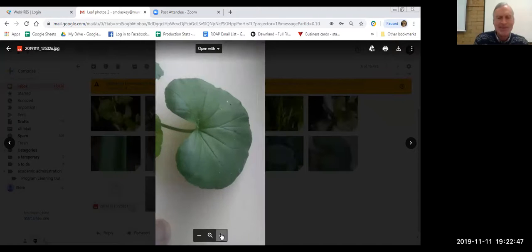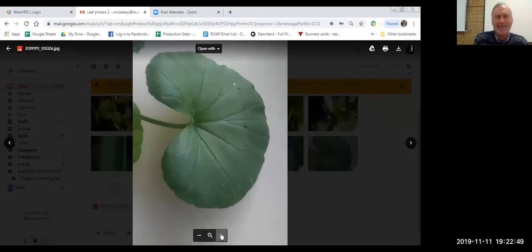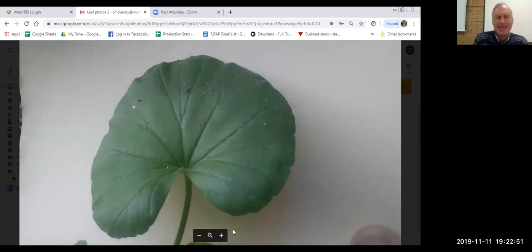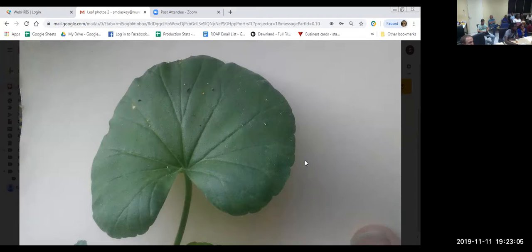There's a couple more leaves to look at. There's a nice looking leaf. So where is the apex on this one? Anybody? Off in the middle.